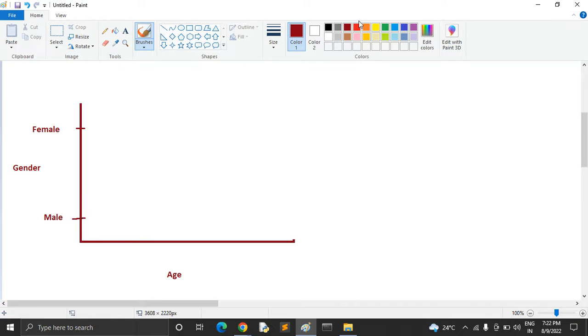Now, when it comes to the review, it is whether the person, regardless of male or female, has liked the movie or not. Now guys, a circle represents like and a cross represents dislike.